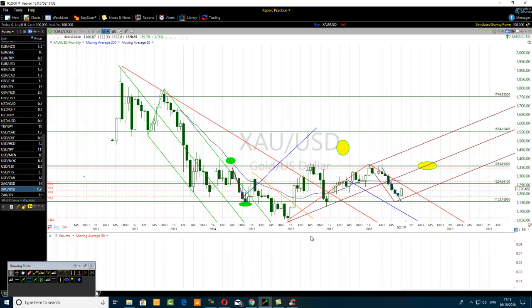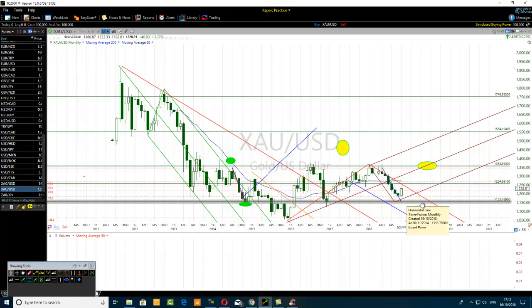We must deploy a consolidation trading strategy for gold, US dollar. So the price is now consolidating between the level of 1153.78 and the level of 1355.59. The median line of that consolidation is 1254.69.